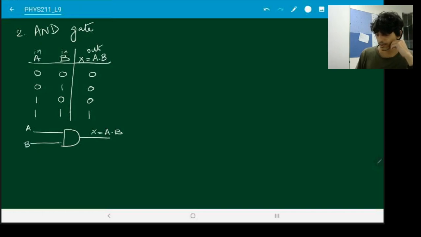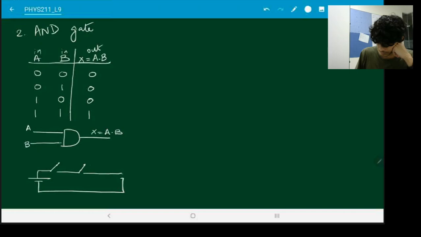What's a possible circuit that will give this kind of output? How about something that looks like this? So this is switch A, this is switch B, this is your output X. So only when both of these switches are 1, that's when the bulb will light up.